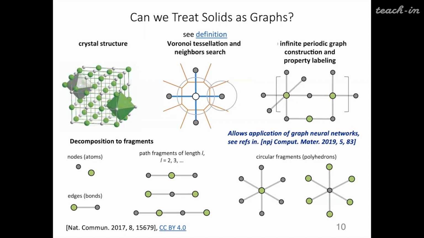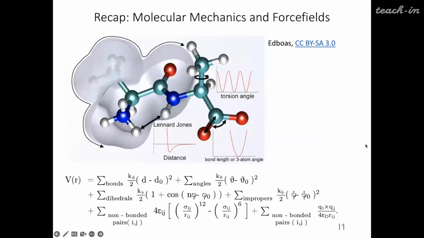And we can also consider polyhedrons to represent atomic environments. Such an approach can be used in training of graph neural networks. You can read the referenced article as well.